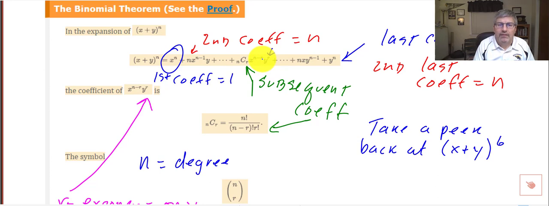And this nCr business is the coefficient, and that's going back to my number theory or my counting class. I remember this as n choose r, and that n choose r, or n capital C subscript r, can be found by using this particular formula, n factorial divided by n minus r factorial times r factorial.